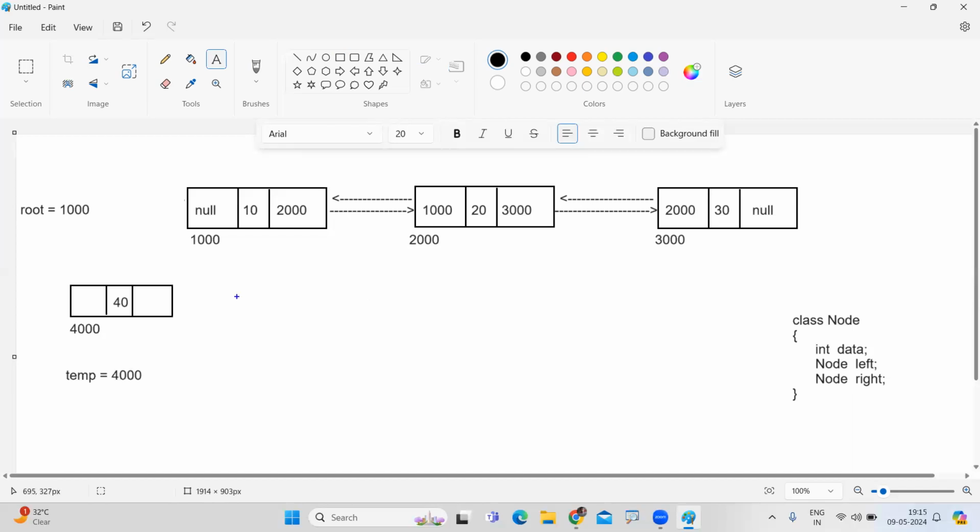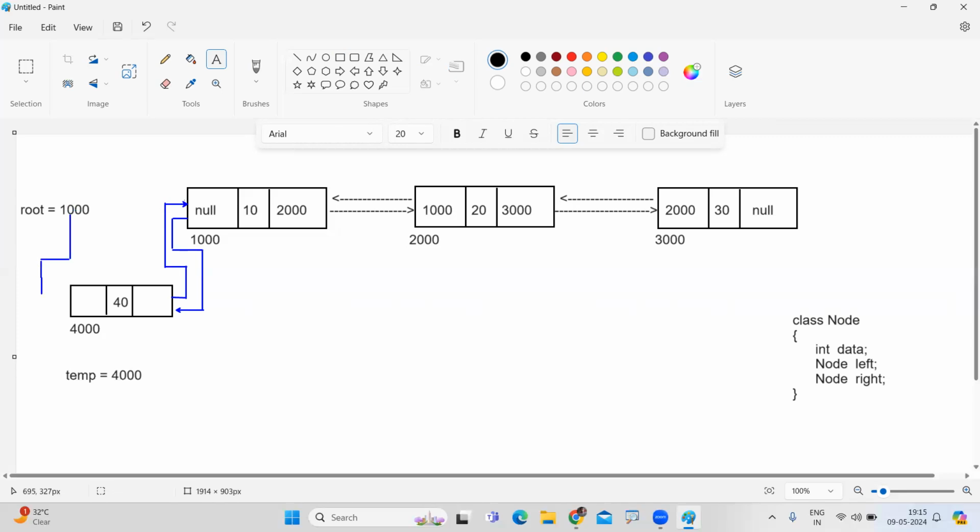Very, very important. This is one connection, this is the second connection, and this is the third connection.